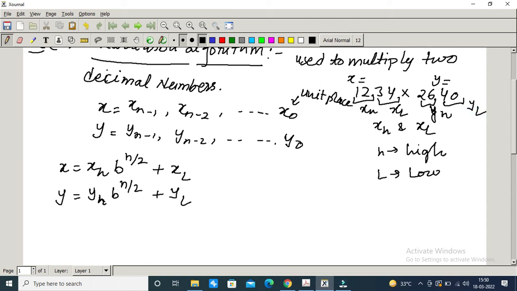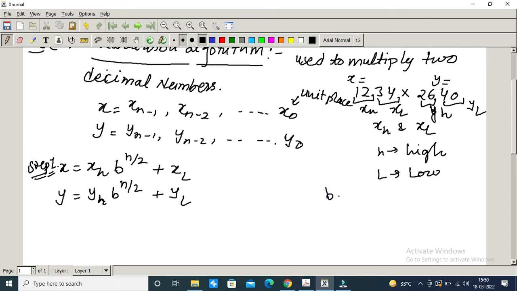So the first step of this algorithm is to represent the numbers like that. Now the meanings are clear: xh, xl, yh and yl. So xh is 12, xl is 34, yh is 26, and yl is 40. And what is B?